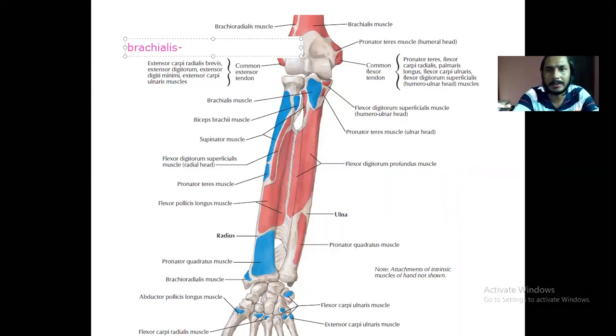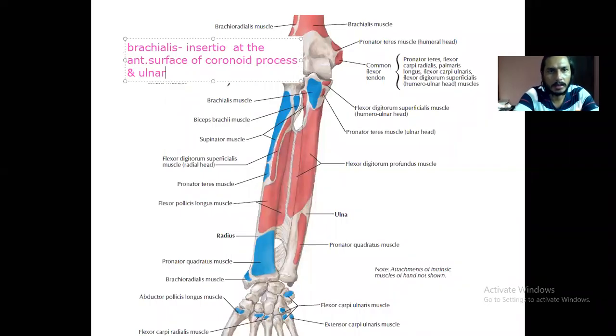So brachialis insertion: at the anterior surface of coronoid and ulnar tuberosity. So that is the insertion of the brachialis.